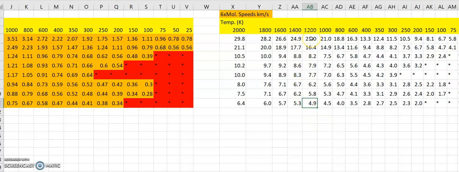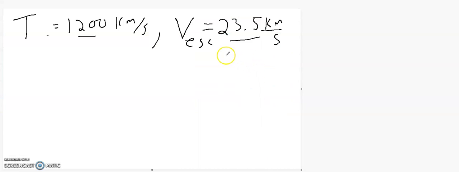So let's look at the top one here, since that's the highest, 23. Remember, 6 times the molecular speed at 1200 is 23. These are in kilometers per second. It says it right here. So 23 kilometers per second. And we look at our example. This tells us our escape velocity is 23.5.